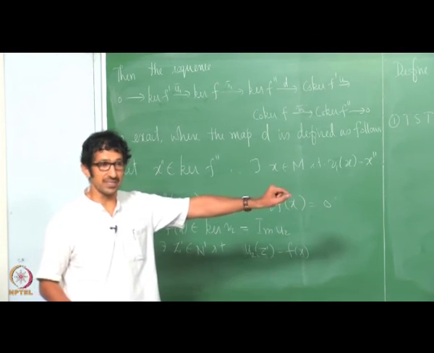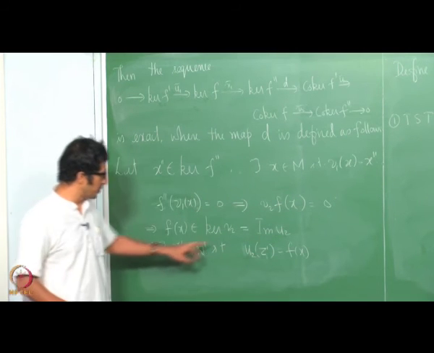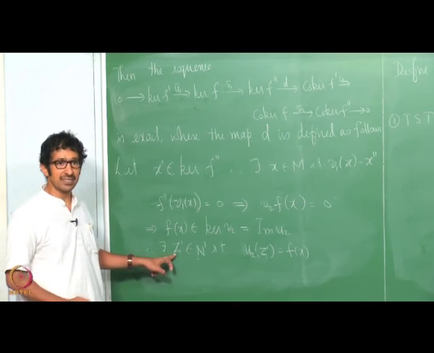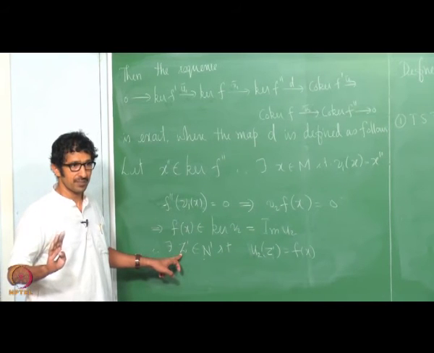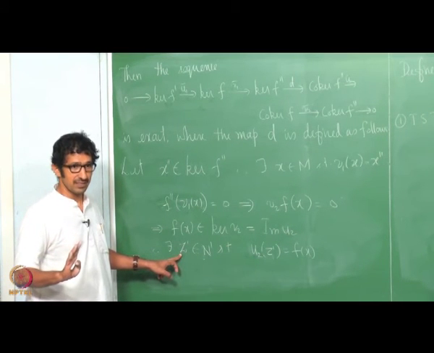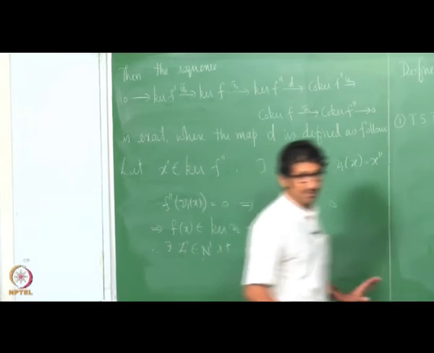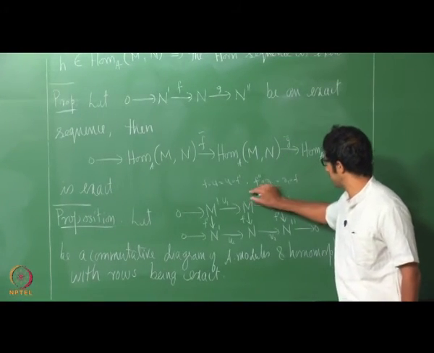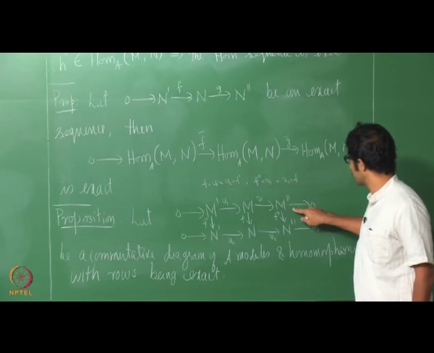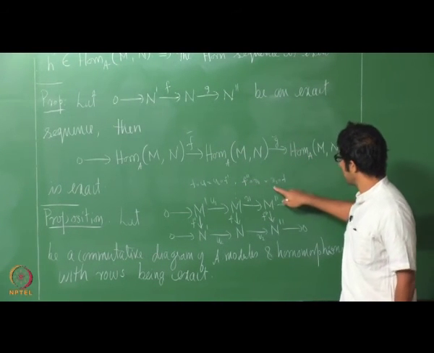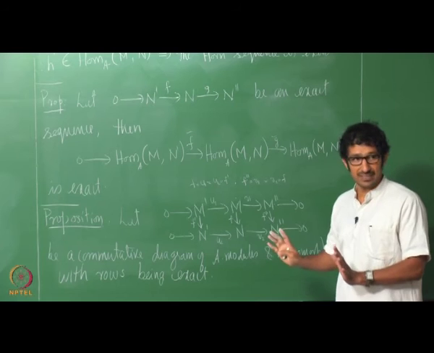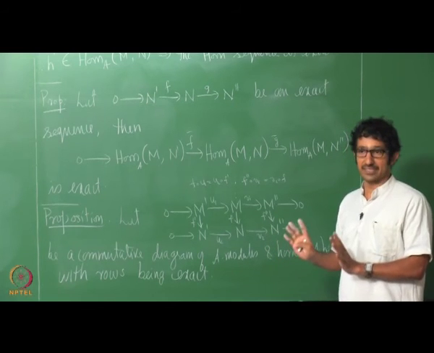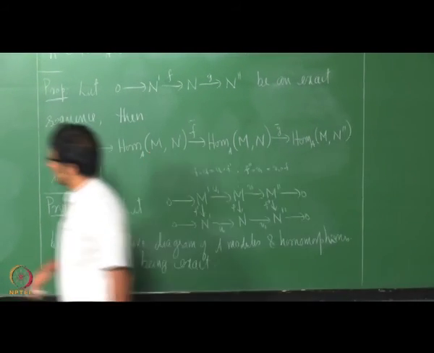So, there is no confusion here. We only need to deal with the case where I choose two different elements that go to x double prime, and that should not create any trouble. So, let us try that.